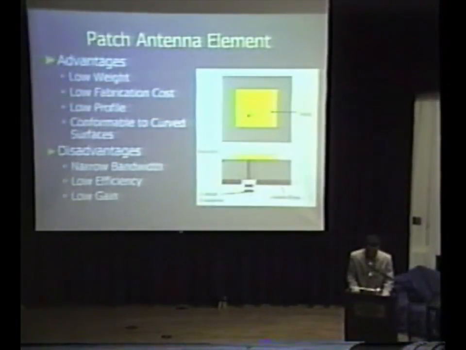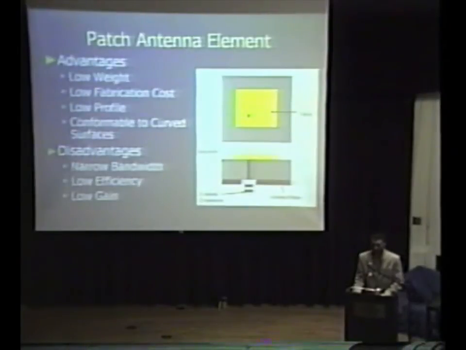The first component of my project is a patch antenna. It consists of a conducting surface on top of a dielectric. The dielectric I used in my project is FR4, and I excited it using a coaxial cable. Advantages to patch antennas are low weight, low fabrication cost, and they're low profile.